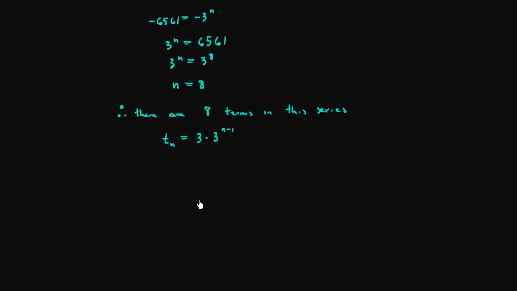Since the bases are the same, we add the exponents, and we get that t sub n is equal to 3 to the power of n.